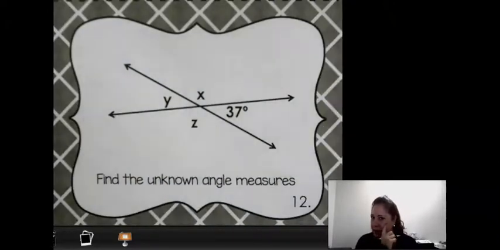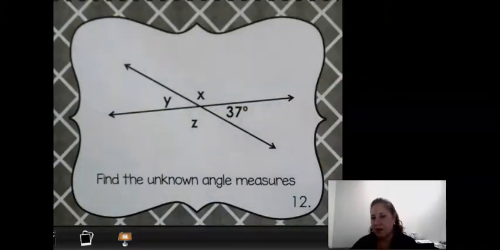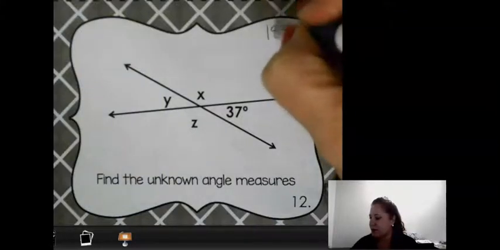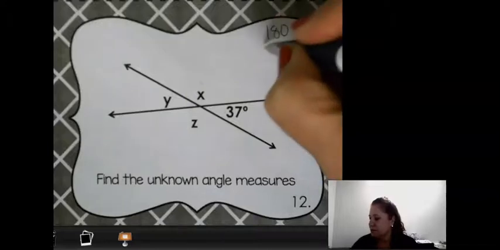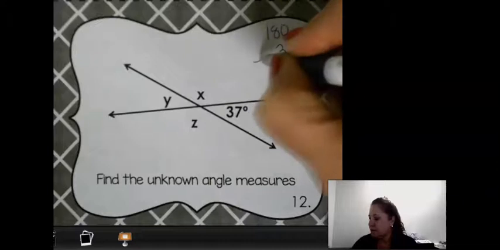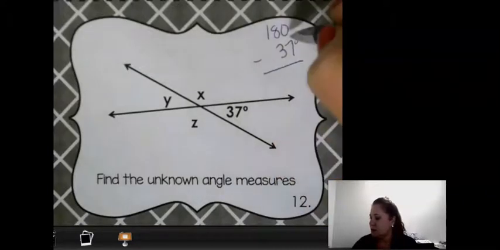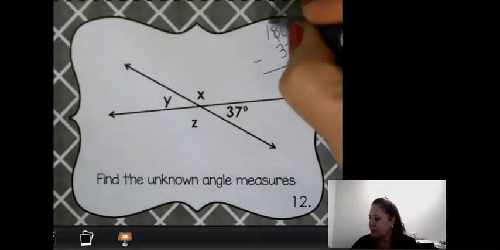All right, so let's try to find x first. X plus 37 should equal 180 degrees. Let's find this supplementary angle. Angle x is supplementary to 37 degrees. Let's see. I have to borrow.